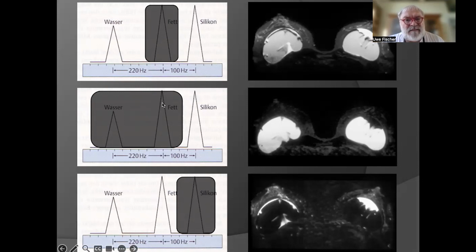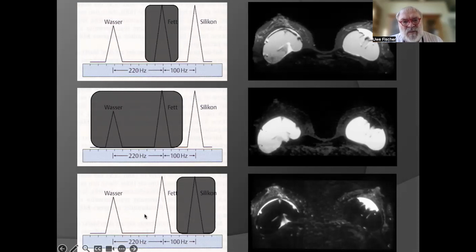Next, we can make a suppression of the fat peak plus the water peak. So this is silicon sensitive or silicon plus. You see only silicon will make this high signal intensity. All other structures become dark.